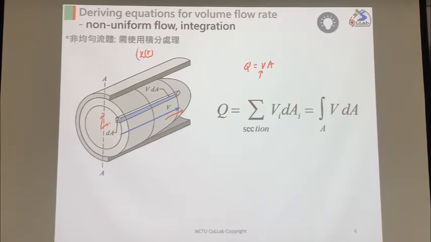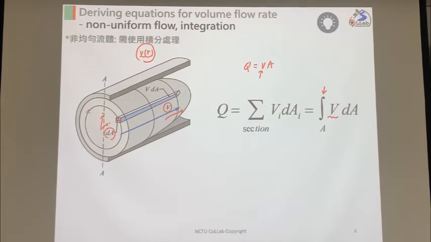And then we assume the velocity may be a function of the radius. Okay, so the difference is that I use the integration operator here, and V will change at different locations, and each velocity acts on a small cross-section area, dA.